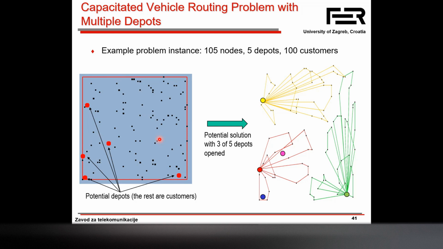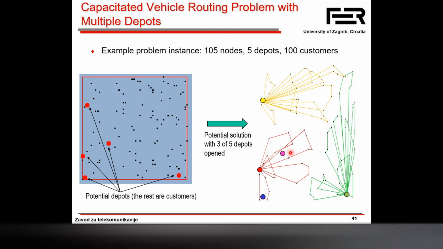Now the question is, given the information in this problem instance with respect to the capacity, demands, costs, and distances, what is the optimal solution? What we see visualized here is one potential solution, and I think maybe this was the best solution that was found for this problem, where we used 3 out of the 5 depots. The blue and pink depots were never used, and these are the constructed routes. We had to cover all customers.